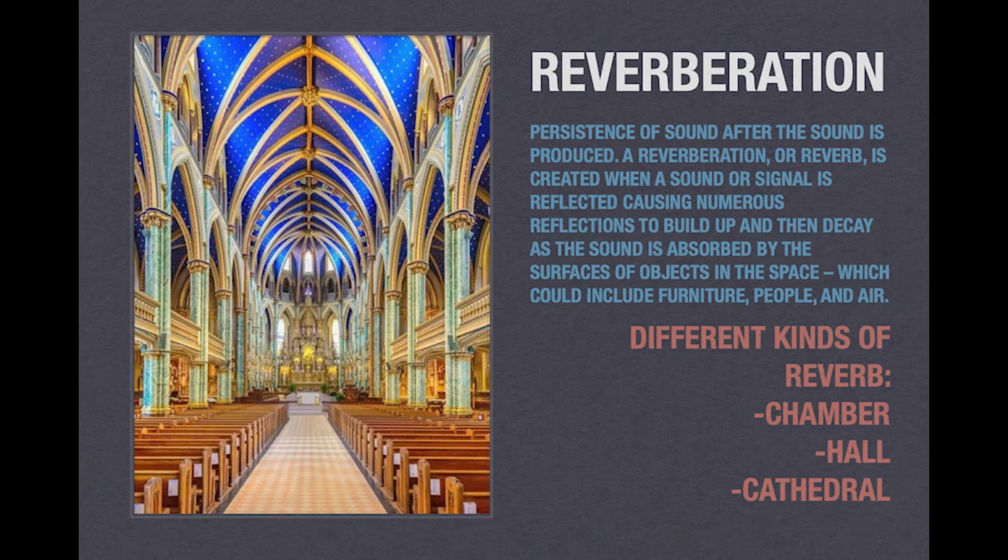So that could include furniture, people, air. There are lots of different kinds of reverbs, and these are just a few. For example, there's chamber, hall, cathedral, and as maybe you could have guessed, they're named as such because they're describing the way that sound moves about these particular spaces.